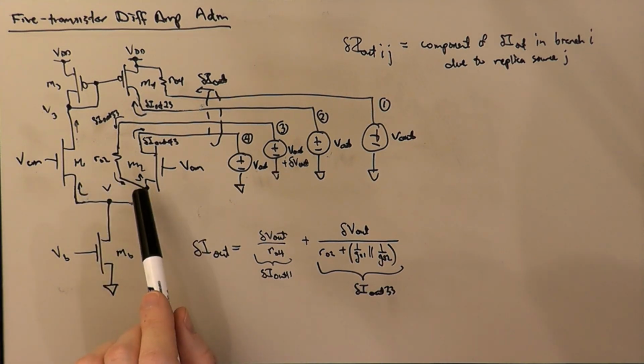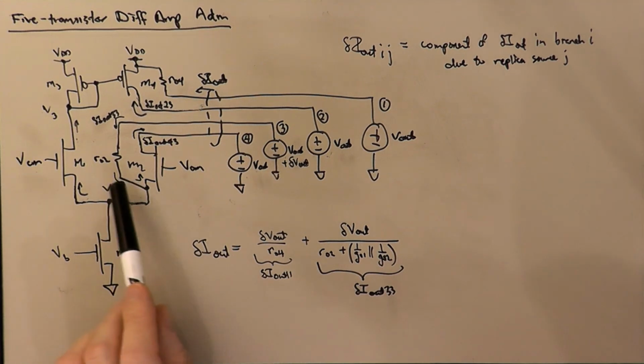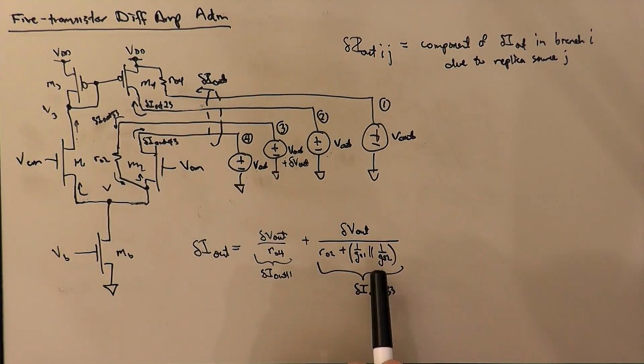They're going to be half of IB, and the GMs and the GSs are going to be calculated on that current basis. And so 1 over GS1 parallel 1 over GS2 is just going to be 1 over 2 GS1, and that appears in series with RO2. So that's going to be very nearly just delta V out over RO2 at the end of the day.